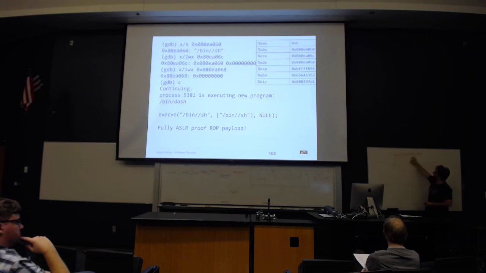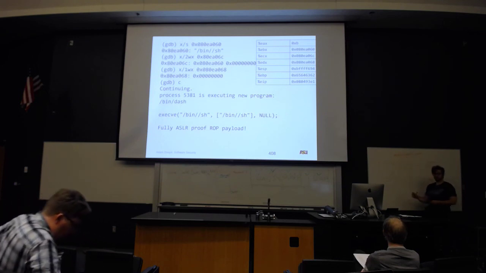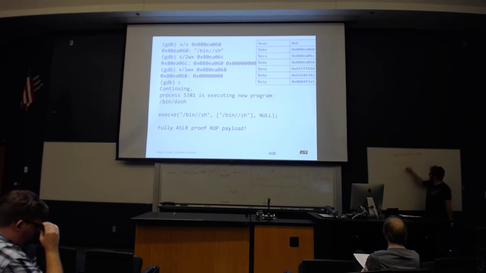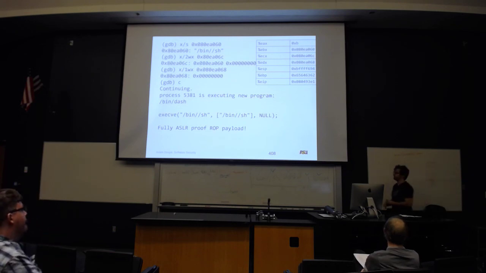If you control ESI, this memory access is an offset from ESI. So it doesn't matter that you don't know where the program is. If you control ESI, and the program is here, and you set ESI to 10, you will do a memory access into the program, into a valid address space.